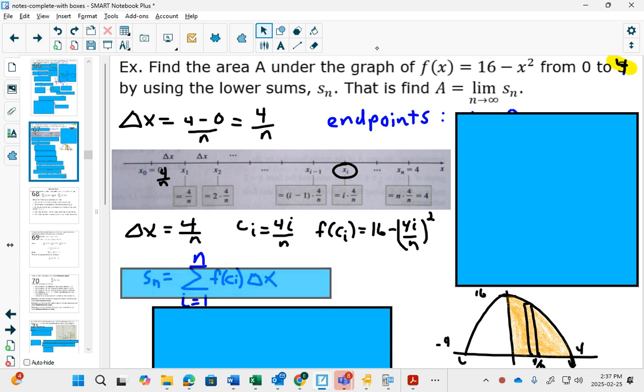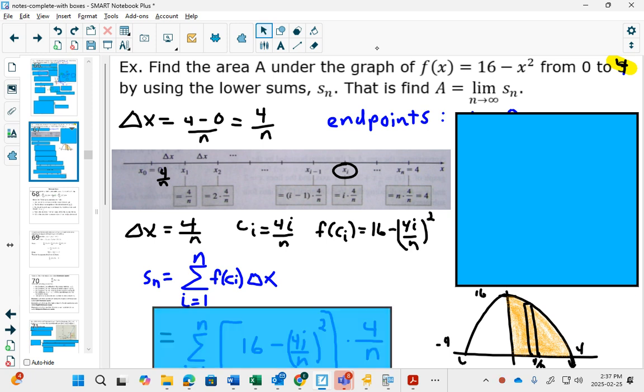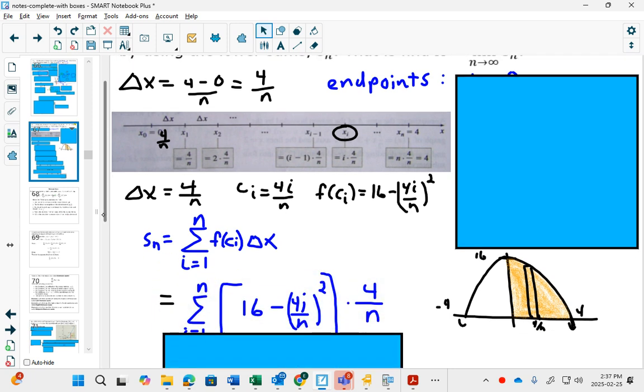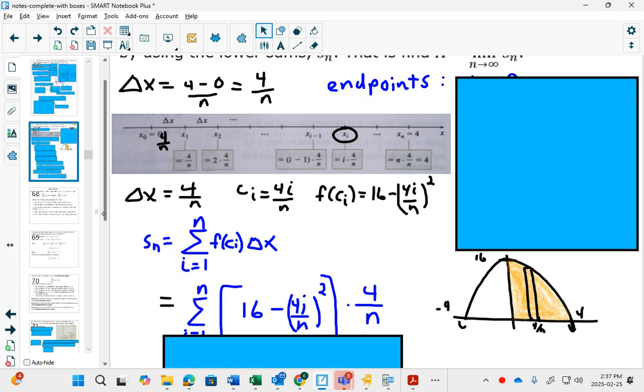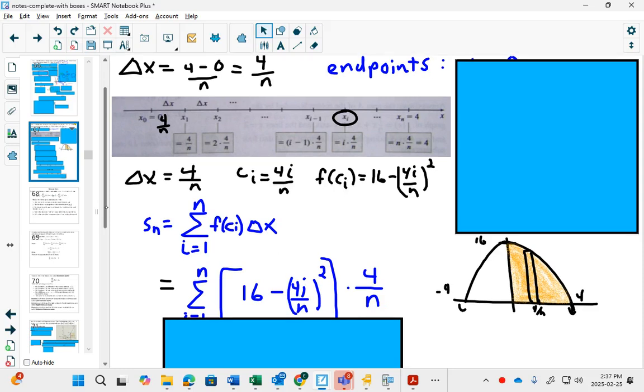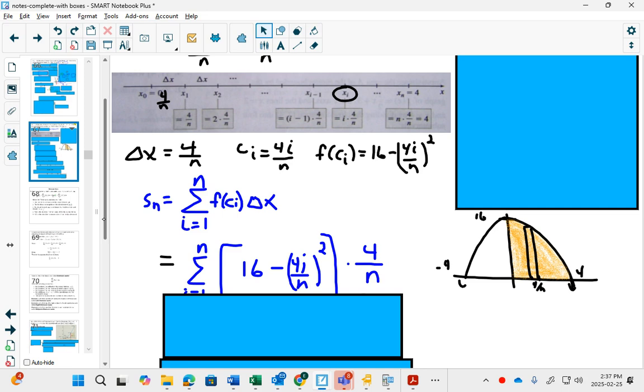And we have to add up all of those rectangles. So the algebra says this is the height of every single rectangle as i goes from 1 to n. This is the width of every single rectangle. They're always 4 over n. And we have to find this sum.